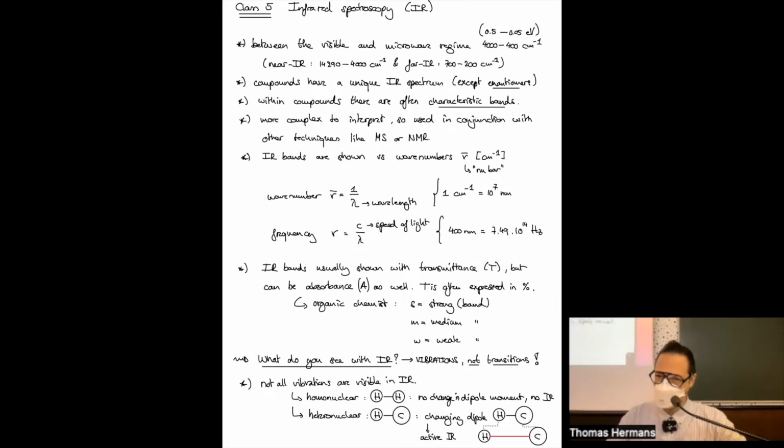So this means no IR. They say it's an inactive IR band; you don't see it in your spectrum. If I have a heteronuclear bond, for example a hydrogen-carbon bond, carbon is much larger and electronically different, so you have a small dipole moment.